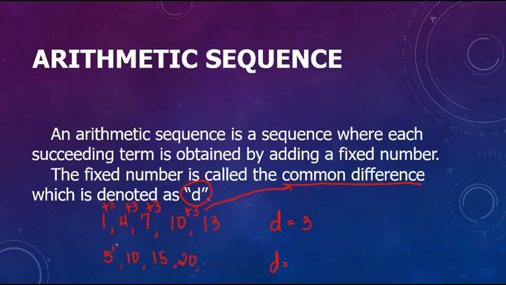Nag-a-add tayo ng 5 para makuha yung mga kasunod na term. So, you have 5 plus 5, that is 10. 10 plus 5, that is 15. 15 plus 5, that is 20. So, you constantly add 5. Therefore, d, or the common difference, is equal to 5.